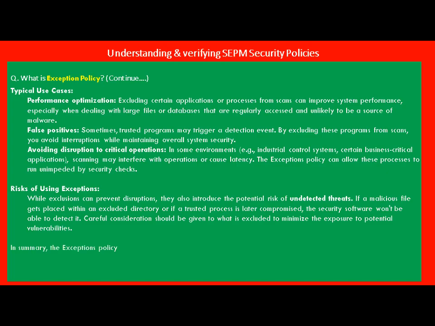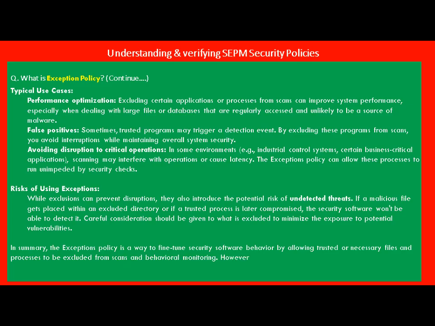So in summary, the exceptions policy is a way to fine-tune security software behavior by allowing trusted or necessary files and processes to be excluded from scans and behavioral monitoring. However, it should be used with caution to ensure that it doesn't inadvertently create security gaps.